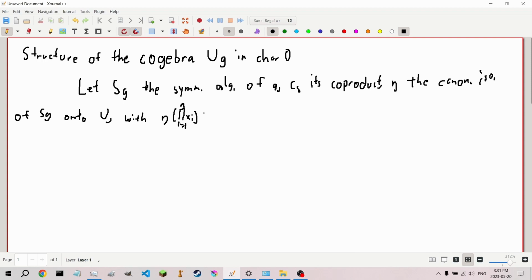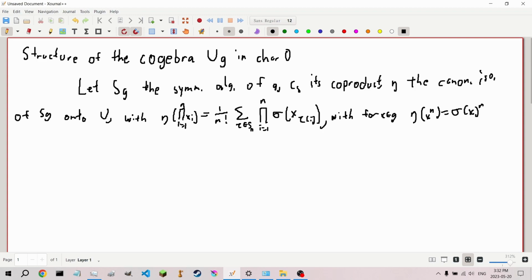is going to be equal to 1 over n factorial of the sum across t in the symmetric group of the product of all sigma x t i across i, for x in G and n non-negative, of course, that eta of x, n copies of x, is equal to sigma x to the n.